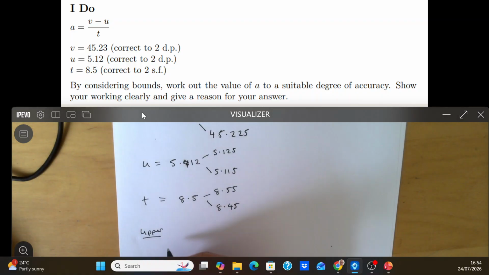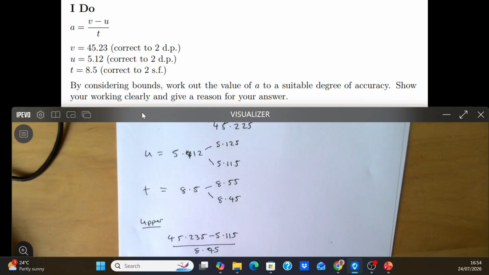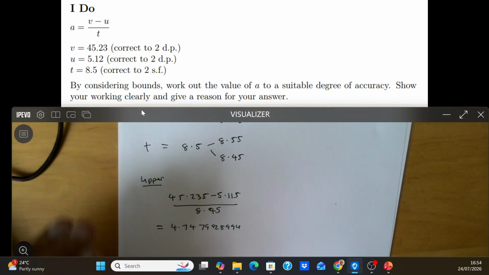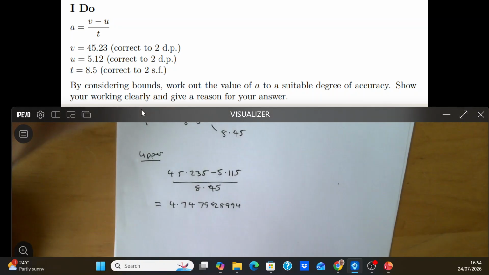So to get the upper, it's 45.235, subtract 5.115 over 8.45, because divided by the smallest gives you the most. That will give me 4.7479289994.